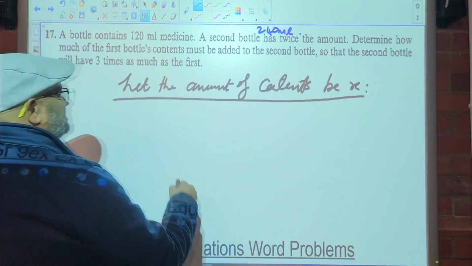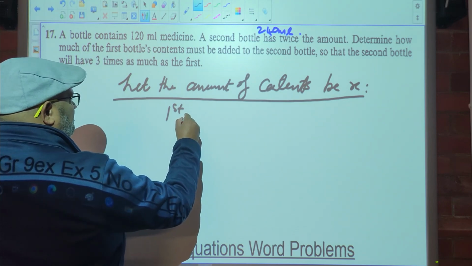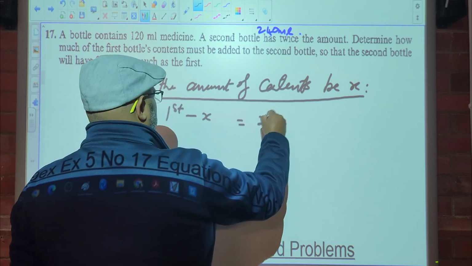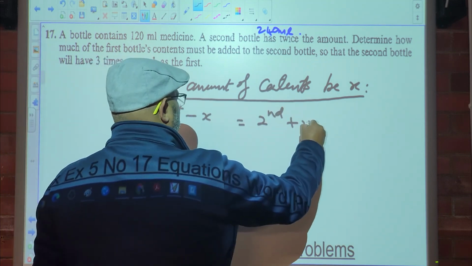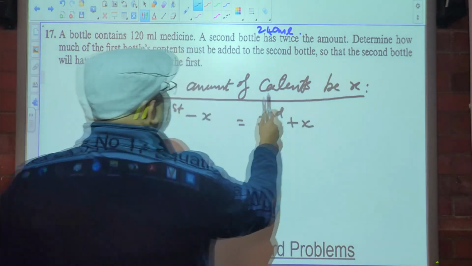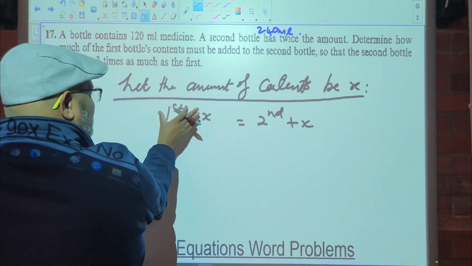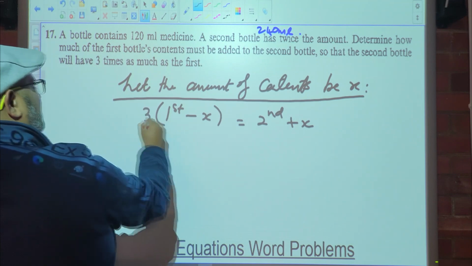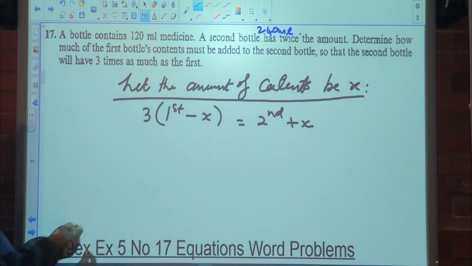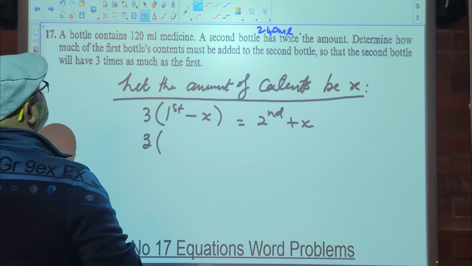So the first bottle's contents must be taken away and added to the second bottle's contents, in such a way that the second bottle will have 3 times as much. So whatever the first bottle is, I must multiply it by 3 to get the second bottle.